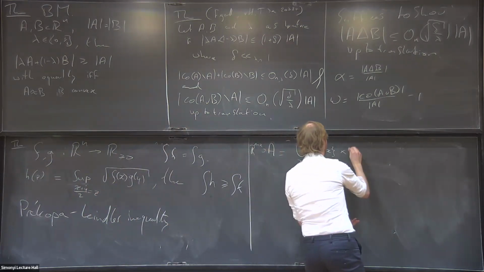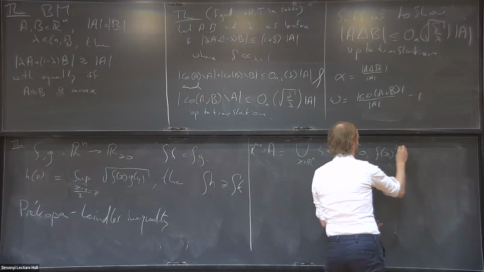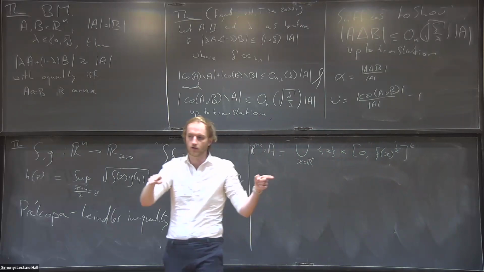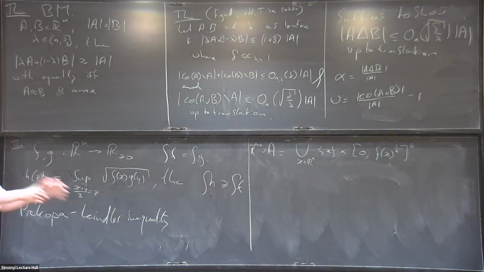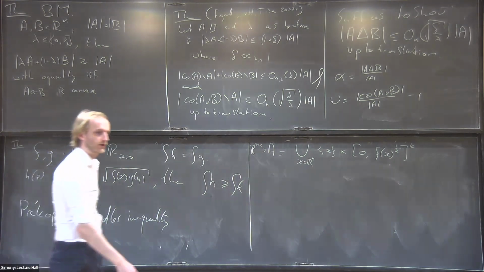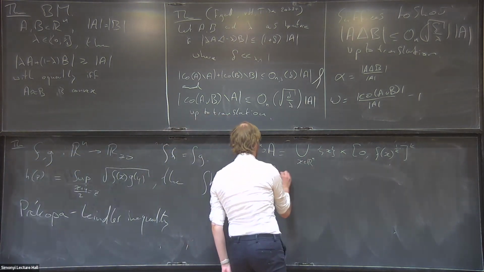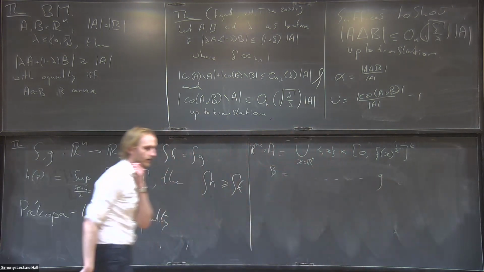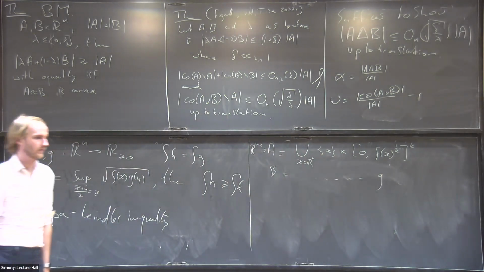Now, how big is a square like that? It's going to have side length f(x) to the 1 over k, and then in the k dimensions, it means it's a cube. Okay, let's do the same for B, with a g there. And now let's think about what is (A+B)/2.